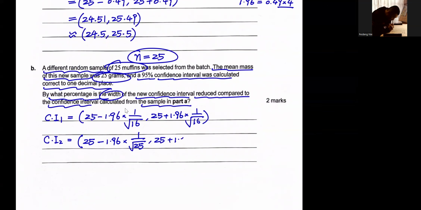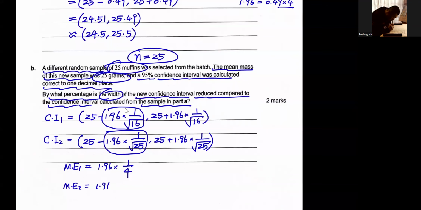So 25 plus 1.96 times root 25. And this thing here and this thing here, we can actually compare them. So margin of error 1 is 1.96 times 1/4. And the margin of error 2 is 1.96 times 1 over 5.